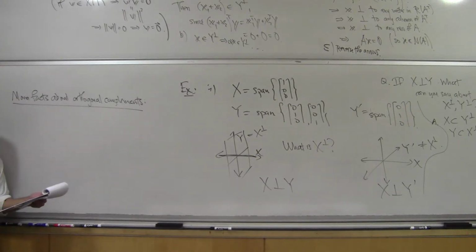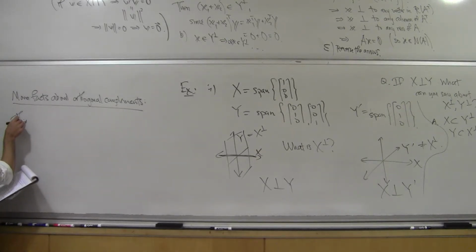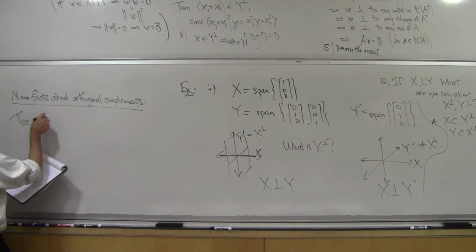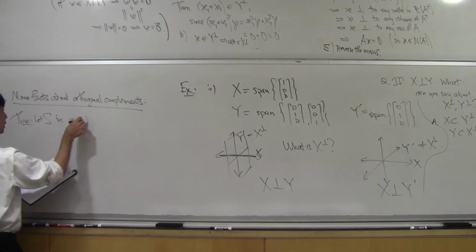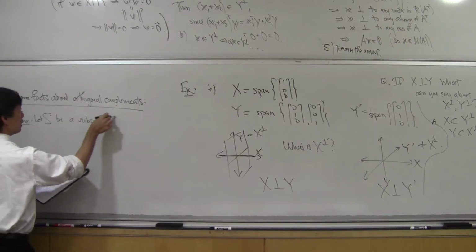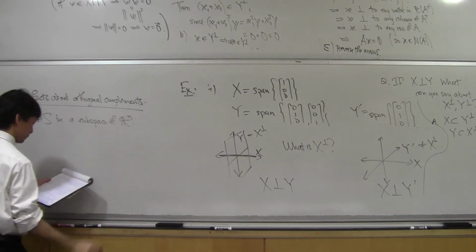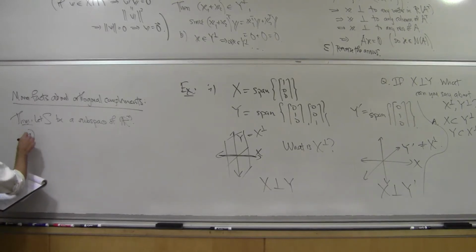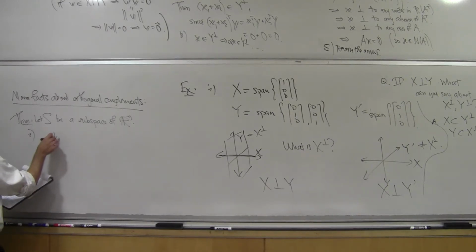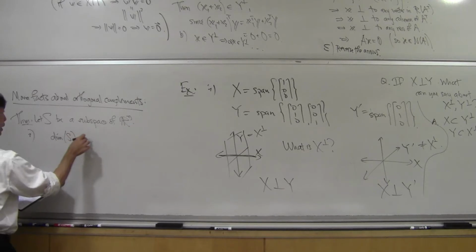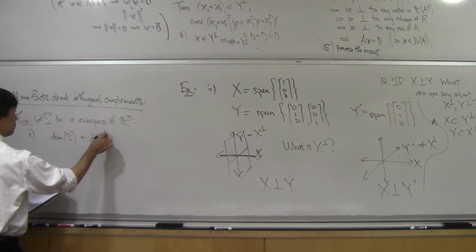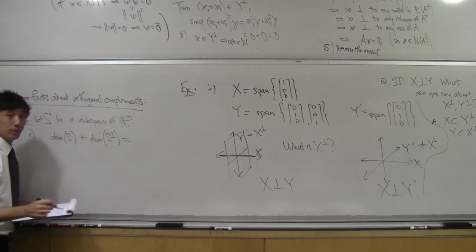Okay, great. I have time to do it. So let S be a subspace of Rn. Part 1 is that the dimension of S plus the dimension of S perp equals a number.